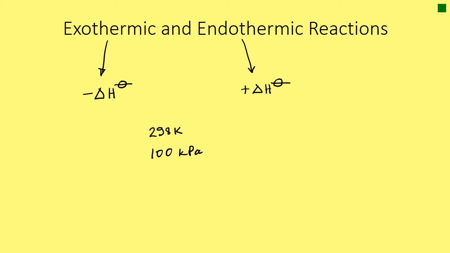And lastly, you might remember that the enthalpy change could be for a reaction, in which case you might see a little r. It could be for combustion, in which case you might see a little c, or also there is formation, in which case you'd see a little f after the delta H, formation being formation of a compound from its elements.